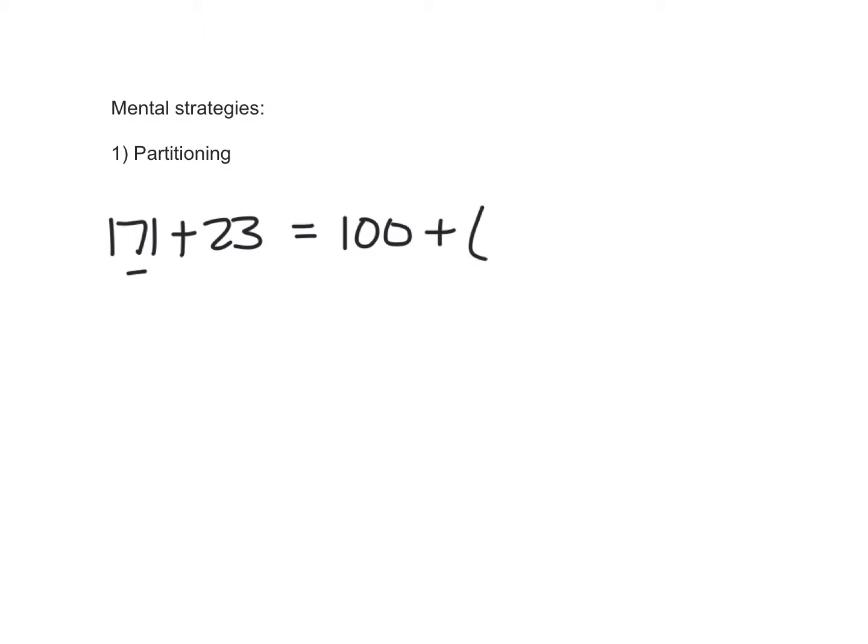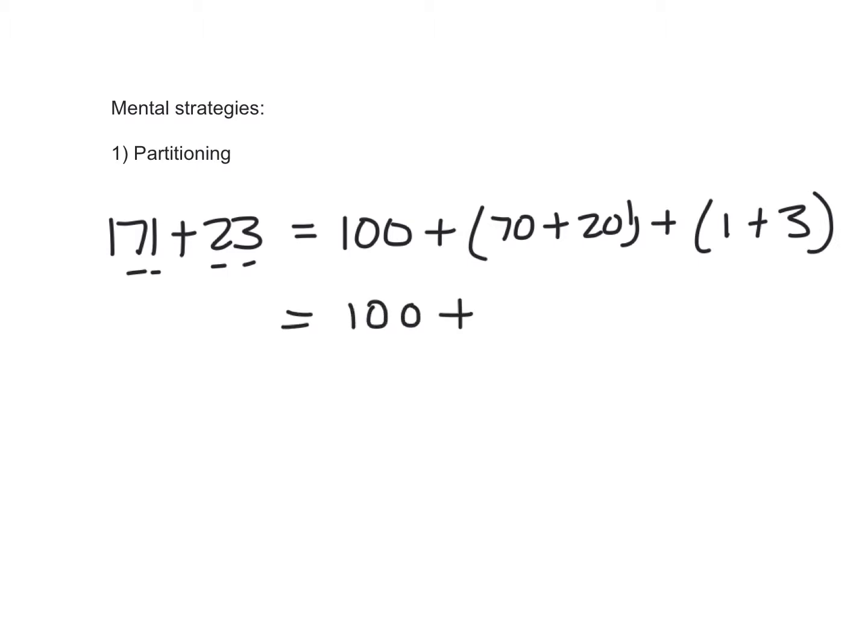Well, I've got 7 there and I've got 2 there, so that'll be 70 plus 20, plus my 1s now. So it'll be open brackets 1 plus 3. So if I could then work out that that would be 100 plus 70 add 20 would be 90, plus 1 plus 3 is 4. So my answer then would obviously be 194.